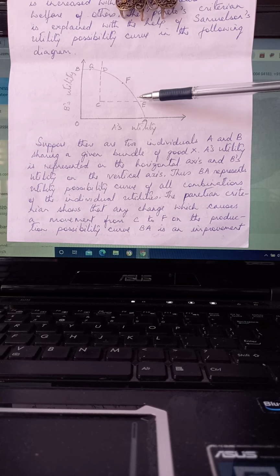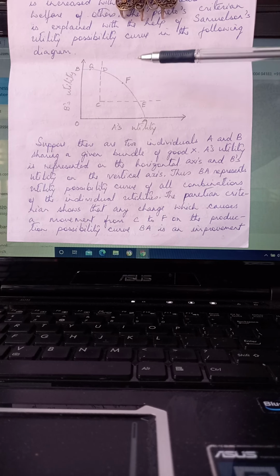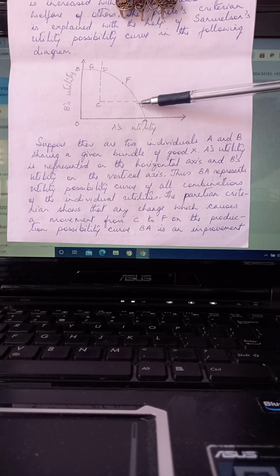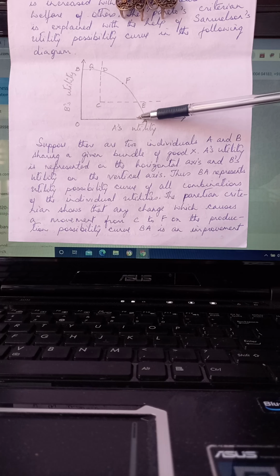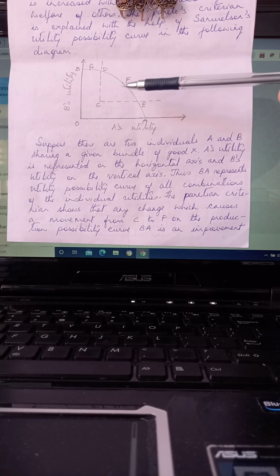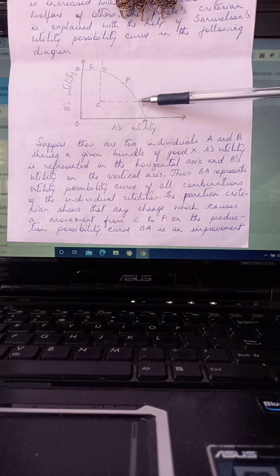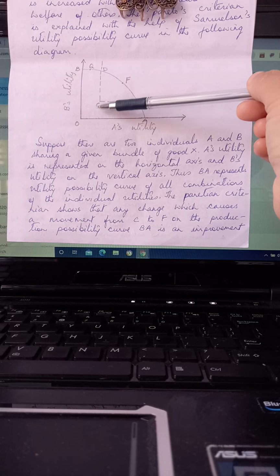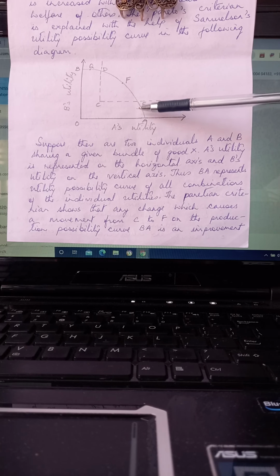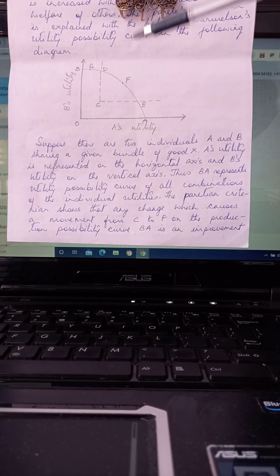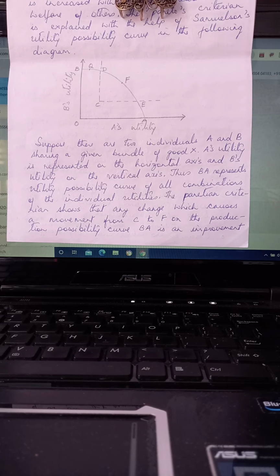Further, if you look at point E, at point E A's utility has increased. Earlier it was this much, but now it has increased to this much, till this area. So at point E it shows A's utility has improved from point C till point E. But even then, at point E there is still Pareto optimality, or social welfare is still achieved.